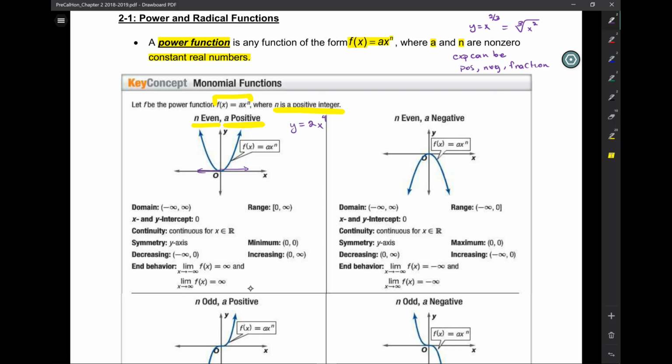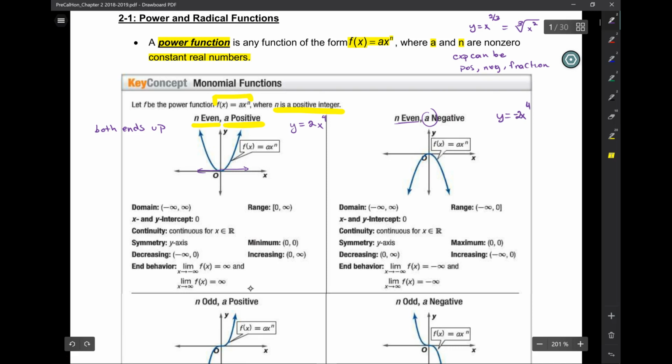So when you have a function that looks like that and you graph it, both ends are going to face up, right? Does that make sense? Okay, well, what if n is even again, like x to the 4, but a is negative, like negative 2? What happens then?